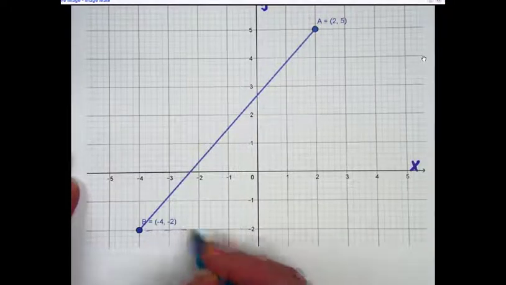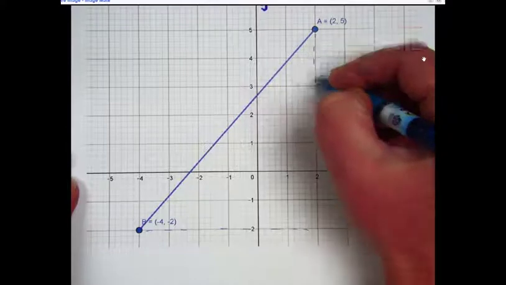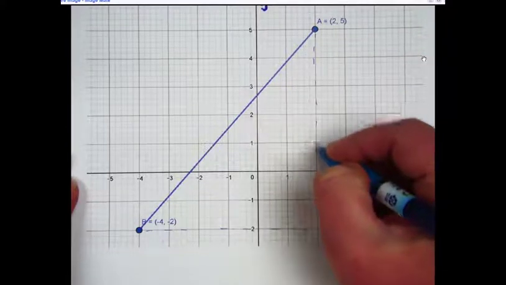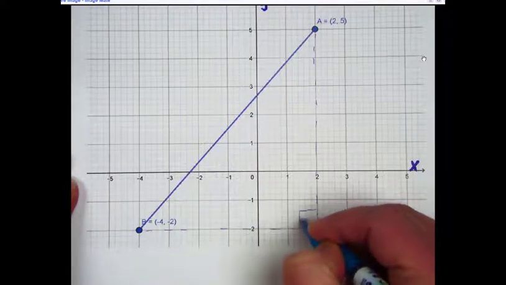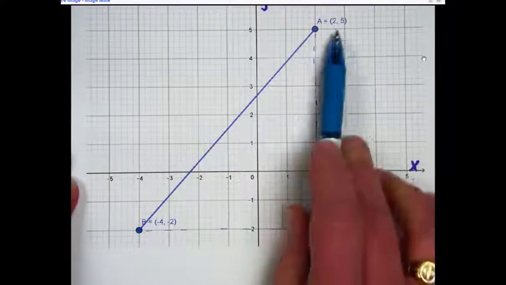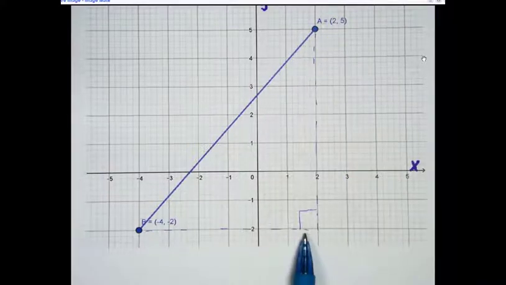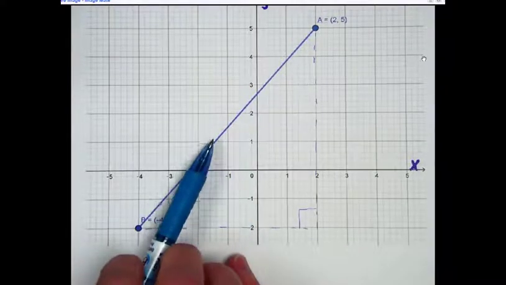But if we look at our picture here and we actually look at what we can make out of any line segment, you will start to get an idea of where the formula comes from. Notice that if I connect this and make a right angle, I've now got a right triangle. And how do we find the length of the hypotenuse of a right triangle?